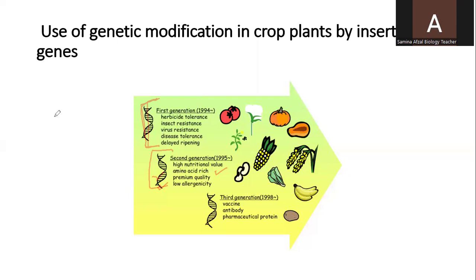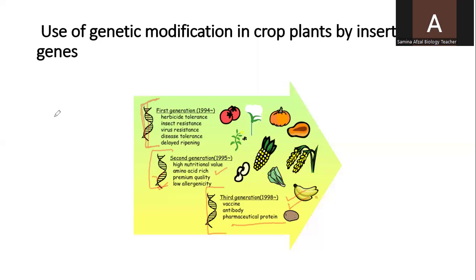And then in the third generation, which was in 1998, the plants which can have the qualities from which we can get the vaccination against the different diseases, antibodies, and pharmaceutical proteins. So in this way, the different other products were manufactured by using this genetic modification.